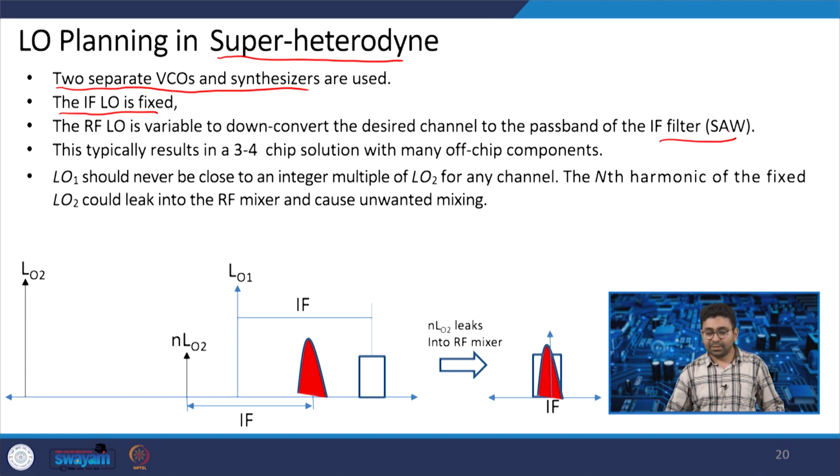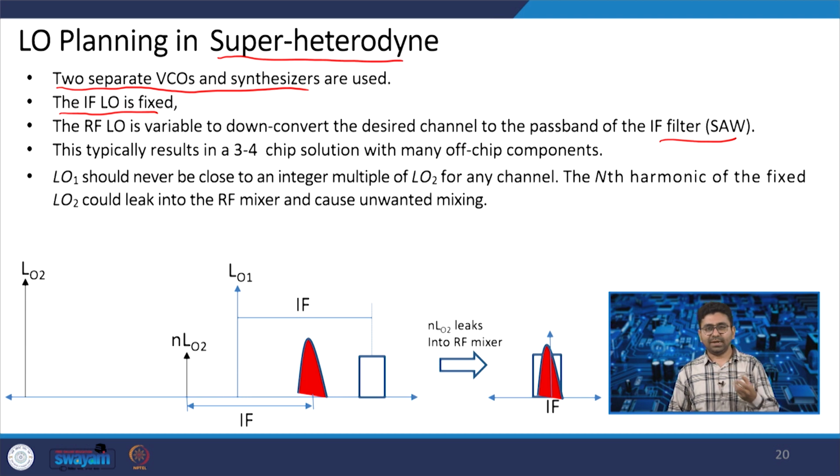The IF filter is generally a SAW filter, a surface acoustic wave filter, which will give sharp rejection. And we have seen in the last class that you need a combination of multiple filters and multiple mixers.